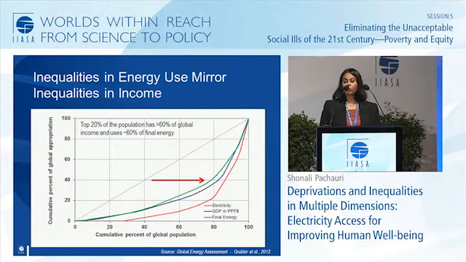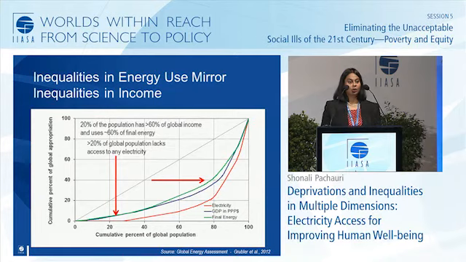In other words, about 20% of the population earns more than 60% of income today and uses about 60% of final energy. If we look at inequalities in electricity use, these are starker. About 20% or more of the population today actually uses no electricity because they have no access to electricity.